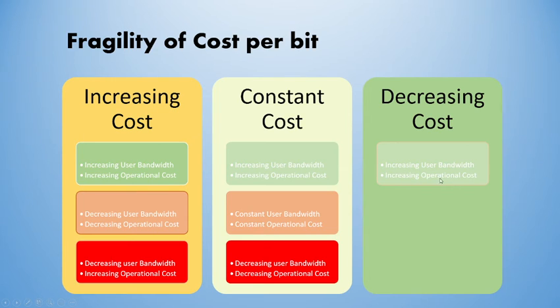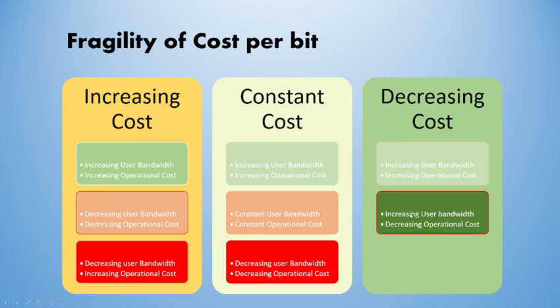So here you can control this increasing operational cost. Try to either bring it to a constant level. Even if you bring it to a constant level, the difference should be better, because your users are increasing. So you are not in a bad shape, you are in a much better shape. I mean, things are more in your control.